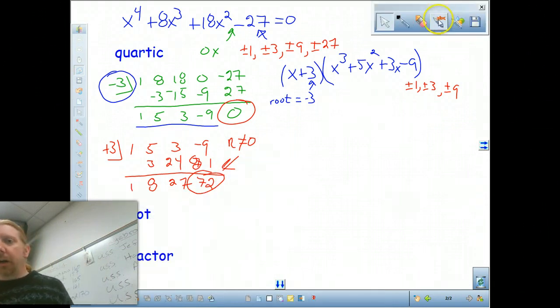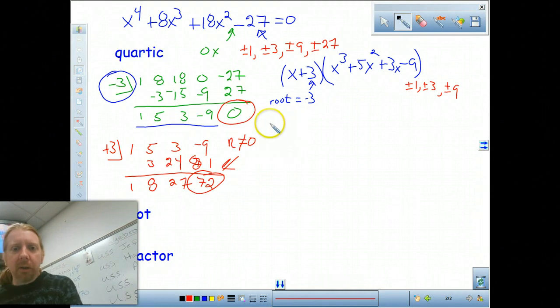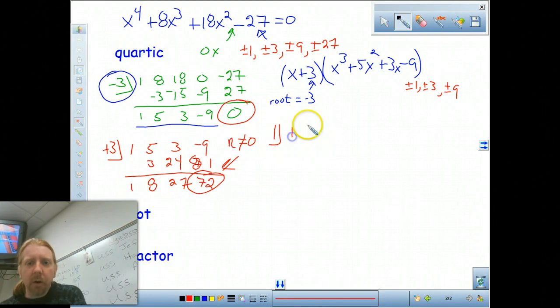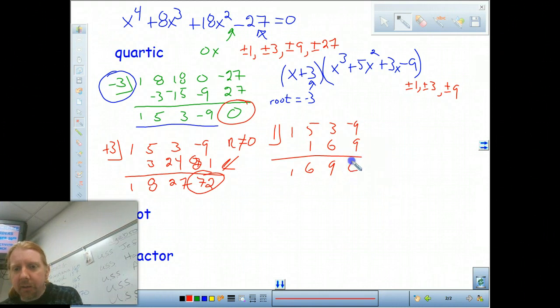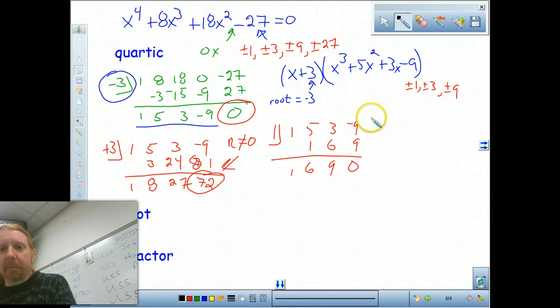All right, let's try that 1. So we put in the 1. So 1, 5, 3, negative 9. 1 comes down as 1, 1, 1, 1, 6, 6, 9, 9, 0. Cool. And what that tells me in my work is I can go from here to here.